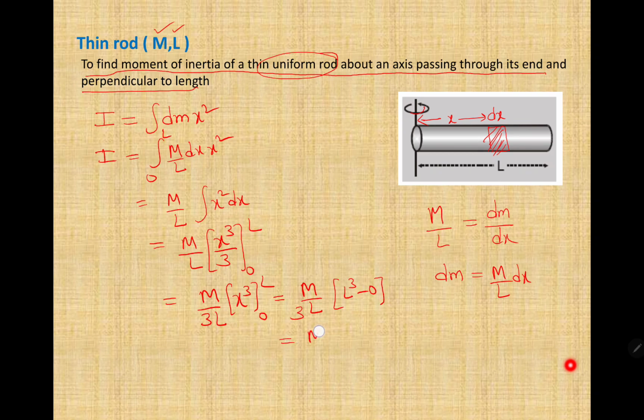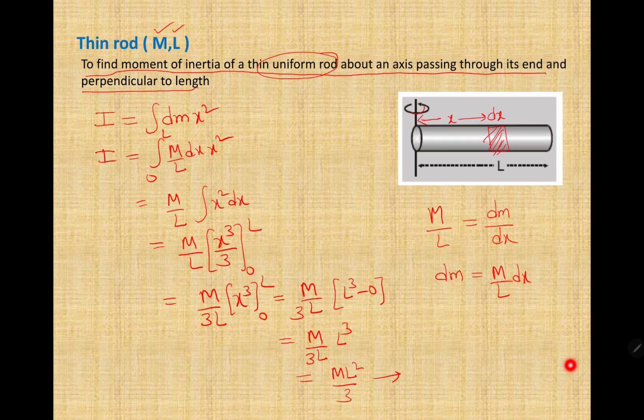As the next step, M by 3L and L cube, so that gives ML square by 3. This is the moment of inertia of the rod about the axis perpendicular to its length and passing through the end, like this. The figure shows clearly the axis of rotation. So this is the moment of inertia of the given rod about that given axis.